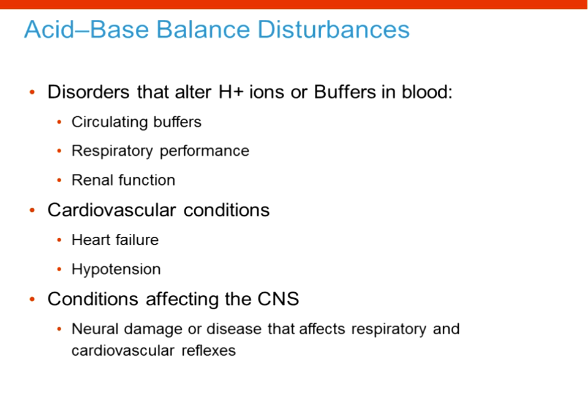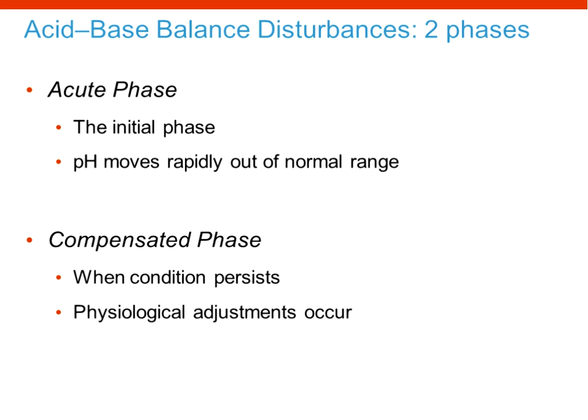Okay? All right. Again, what are some of the acid-base disturbances? Anything that increases hydrogen ions or buffers in the blood could end up being an acid-base disturbance. Acid-base disturbance can really quickly turn into heart failure, hypertension, lots of bad things happening both neurologically and muscle-wise. Okay? Normally, acid-base disturbances happen in the short term.